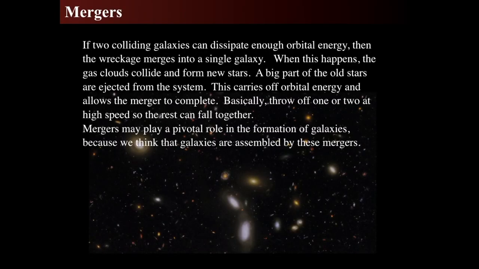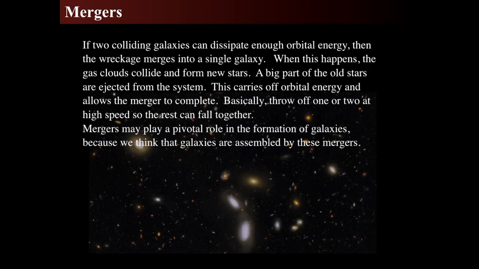So when do galaxies merge? If they collide, and there's enough dissipation of the orbital energy, meaning they don't get flung apart, they don't swing around each other, not going so fast that they just swing by, then eventually the angular momentum gets distributed throughout the entire system, and it can lose that orbital energy by dispersing the stars that make up the components.